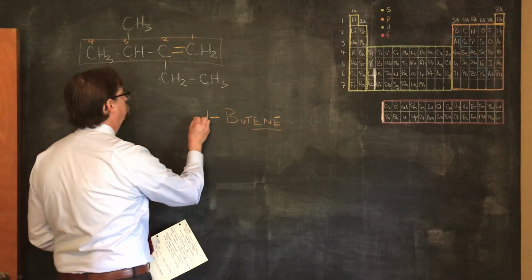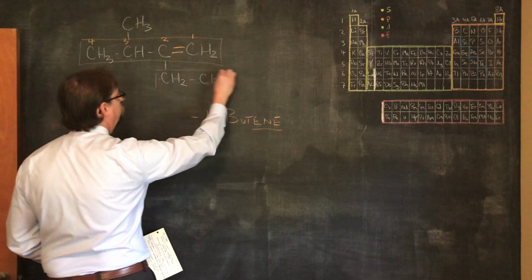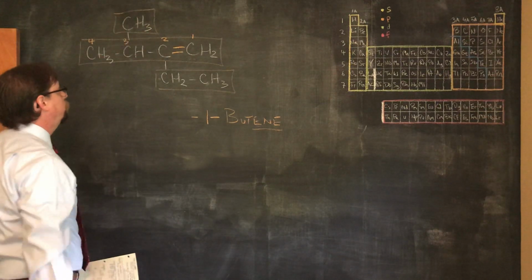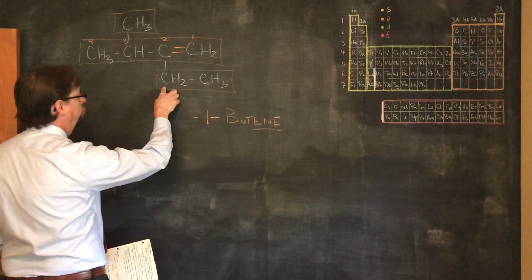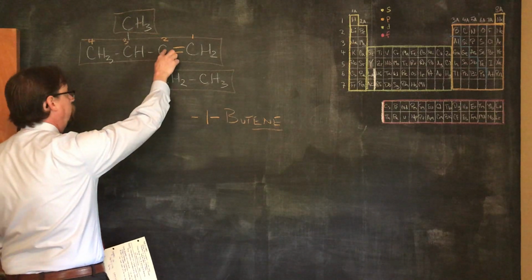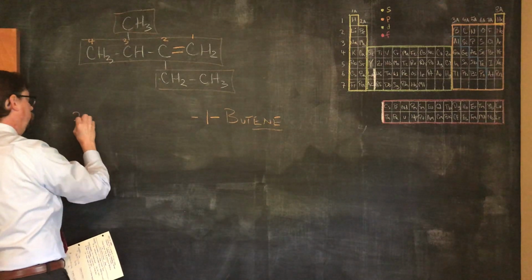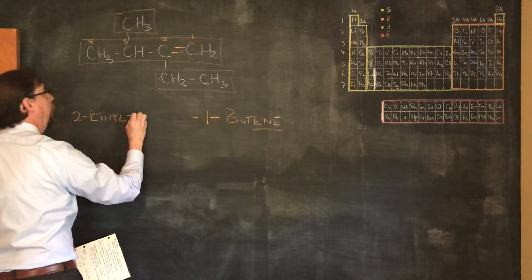But we have some branches in front of that. One of the branches is an ethyl group, and the other is a methyl group. And so, just like before, I'm going to list those. This ethyl group, because it's 2 carbons long, is off the second carbon. It's going to go first alphabetically, so it's going to be 2-ethyl, dash.